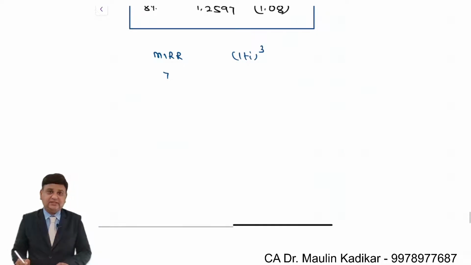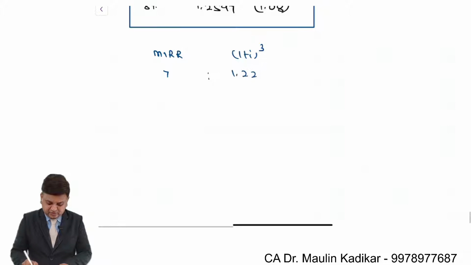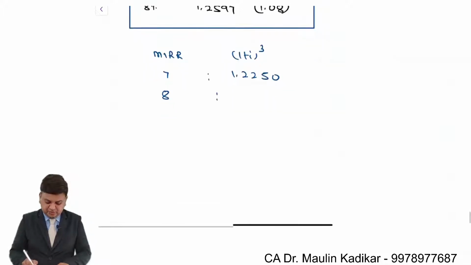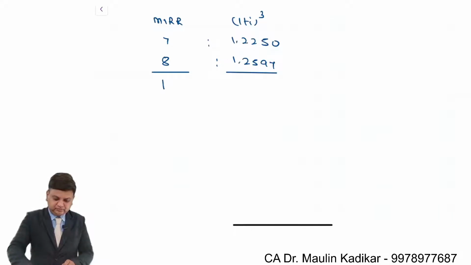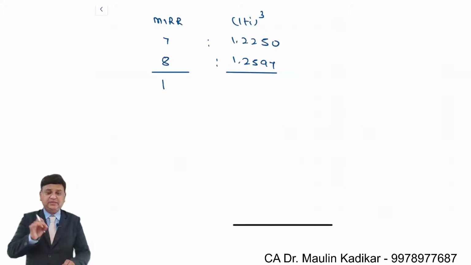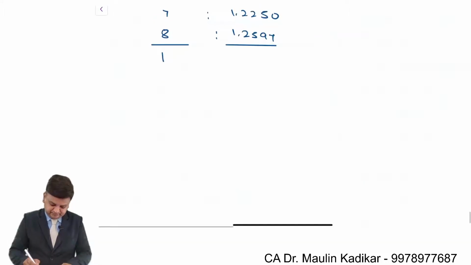Let us take that this is 7% and opposite to that it is 1.2250. This is 8% and opposite to that it is 1.2597. What is the difference of 7 and 8? It is 1%. What is the difference of these two values? 1.2597 minus 1.225 comes to 0.0347.